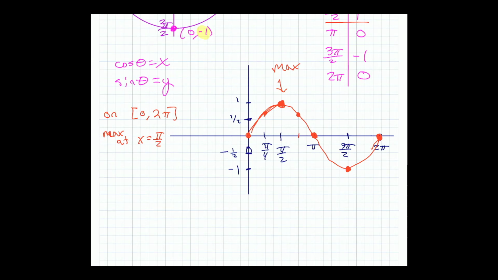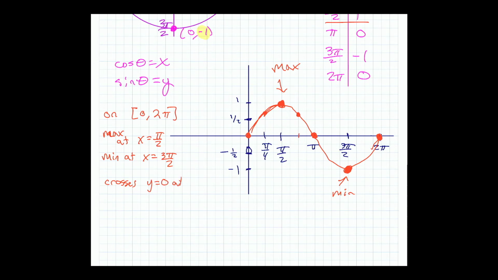There's a minimum at x equals 3 pi over 2, down here. It crosses y equals 0 at a couple of places.